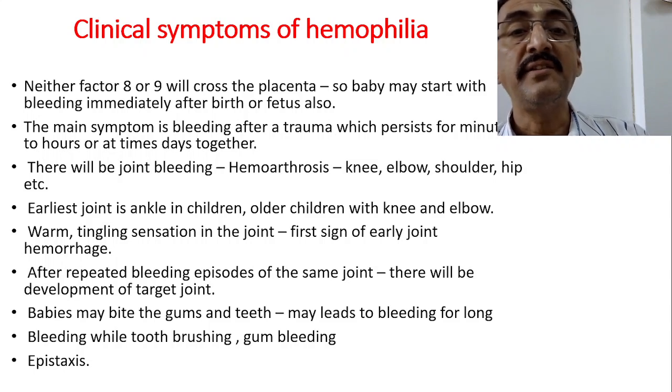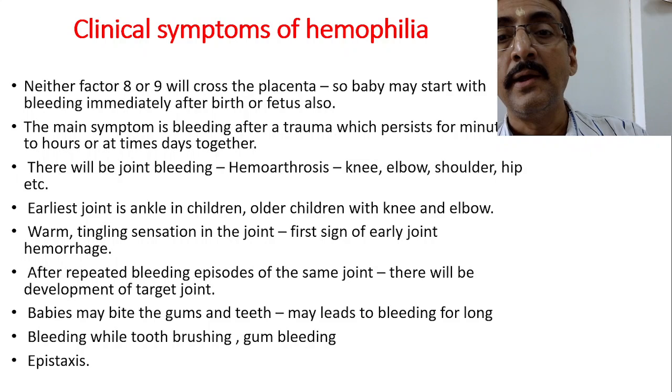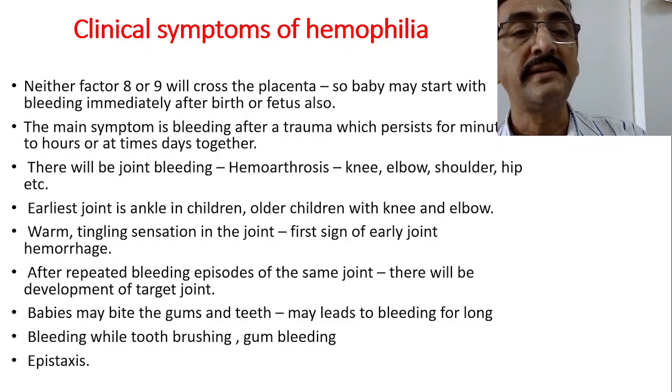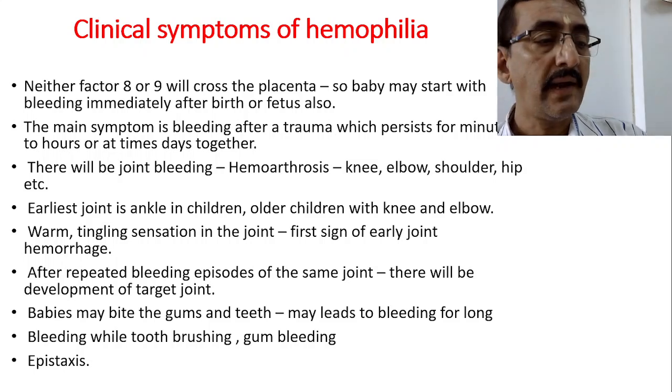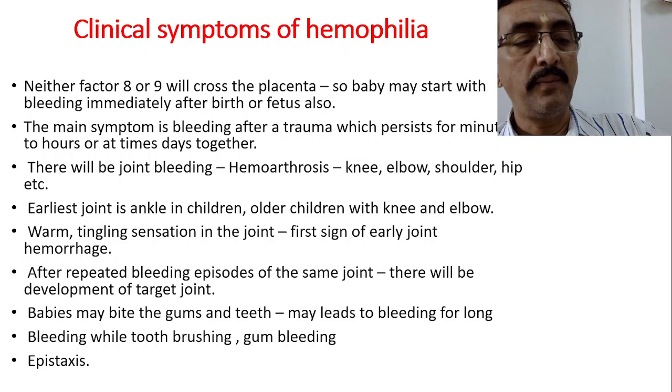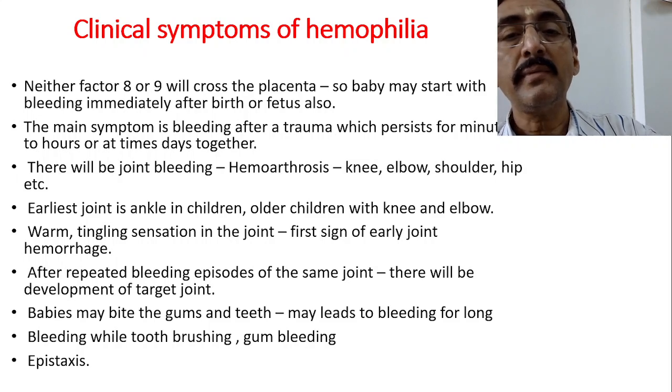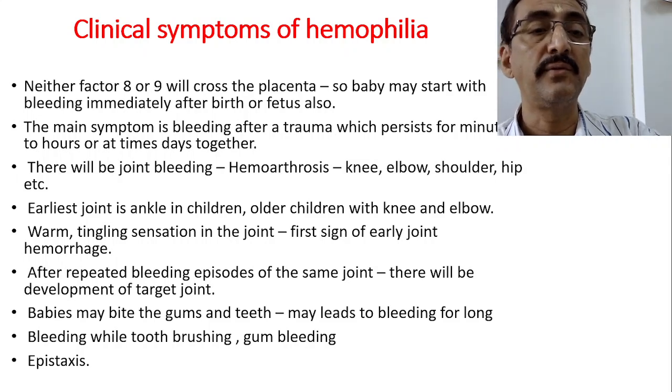So the baby may start bleeding in the intrauterine period itself or in the fetal life itself. The main symptom is bleeding after a trauma which persists for minutes to hours or at times days together. So there will not be any immediate rapid bleeding in case of hemophilia. In hemophilia there is always a slow bleeding, but for a prolonged time. Most of the time, in trauma etc., there will be rapid bleeding.